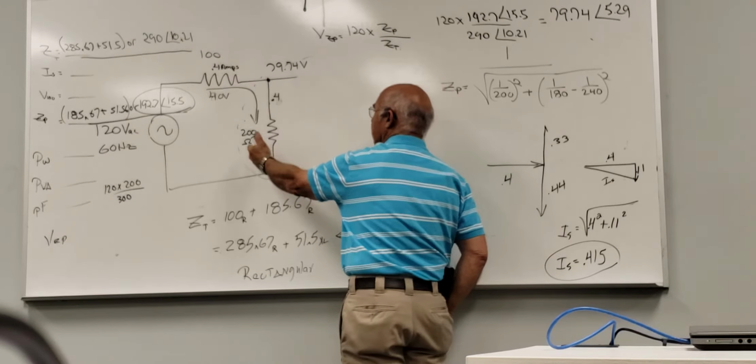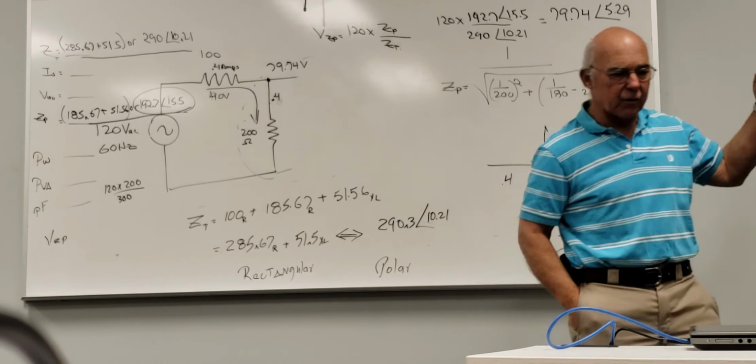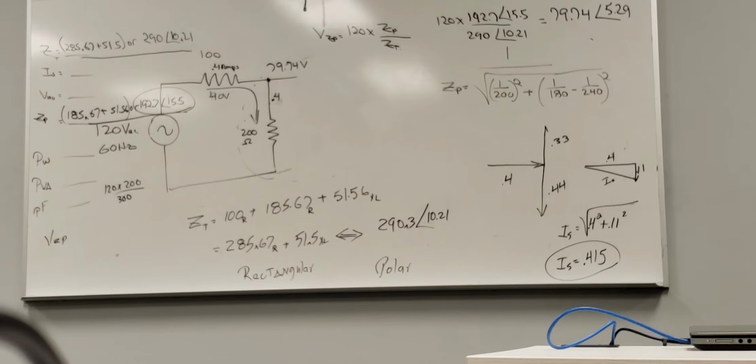Alright? So the source doesn't even look at them anymore. Only time it looks at them is when you first turn it on. It says, whoa, they both want current. I'll give it to them. Alright, I'll get the capacitor current first. Then once I give it, I'll let the inductor draw a little bit.